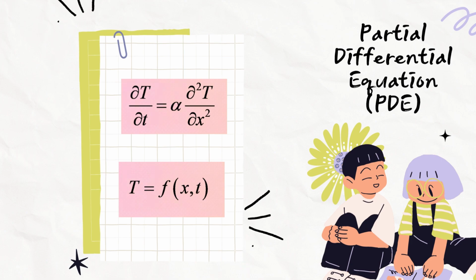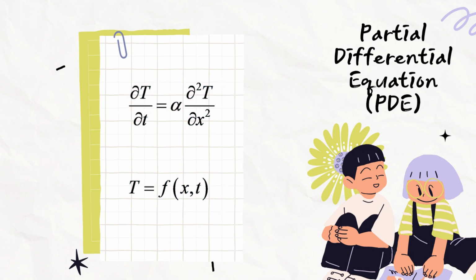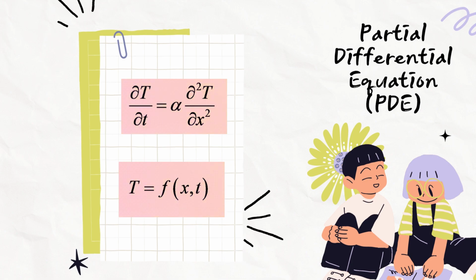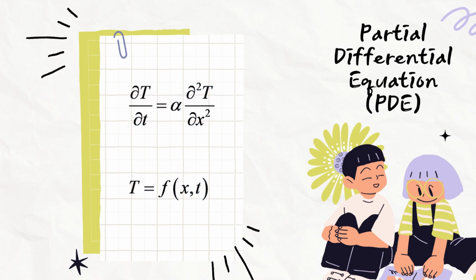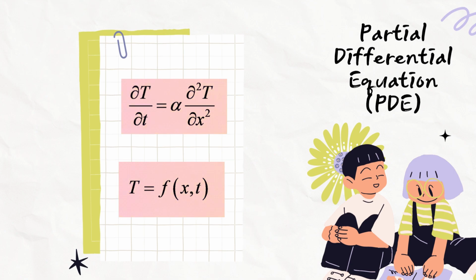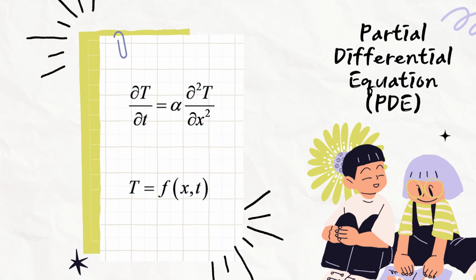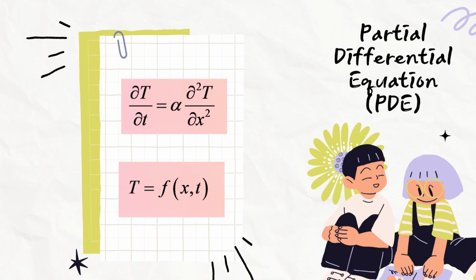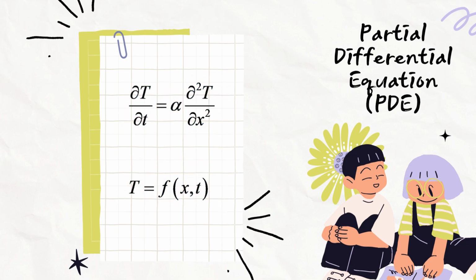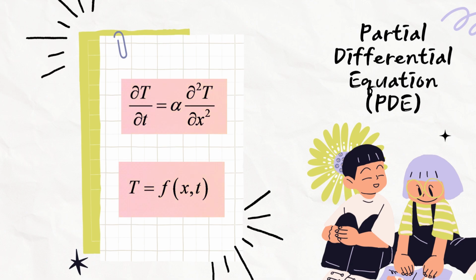Hence, T, the temperature, is a function of two terms, that is T equals f(x, t). X and t are the independent variables. There are two independent variables, so it is a PDE, and it is a PDE of second order since the highest degree is 2.